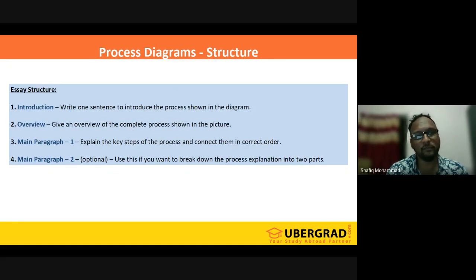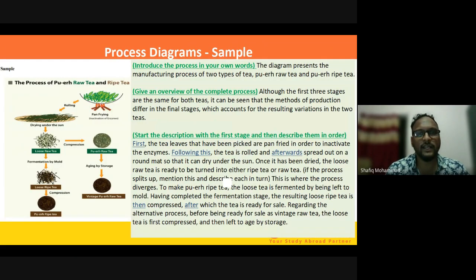So here, same thing: introduction, overview, main body paragraph, that is explanation paragraph 1, explanation paragraph 2, if at all it's necessary. Okay, yes. So how would you introduce a process here? The process is about making tea, right? So introduce the process in your own words. Nothing is given here, but you can talk about it just by understanding it.